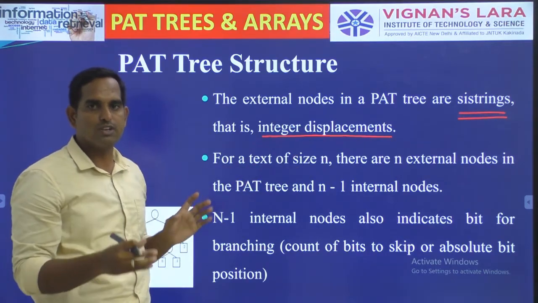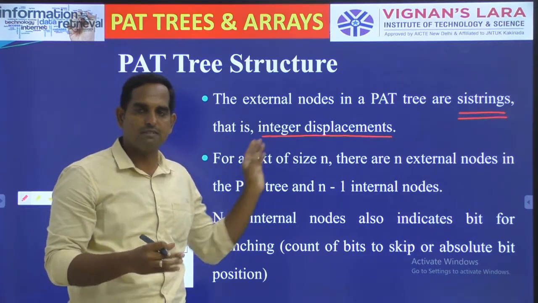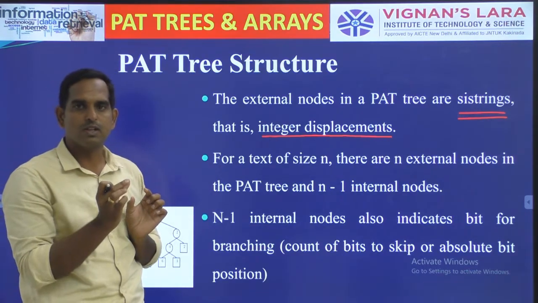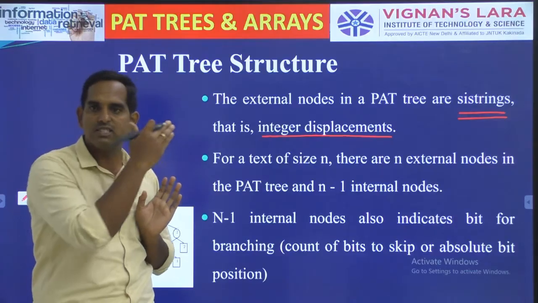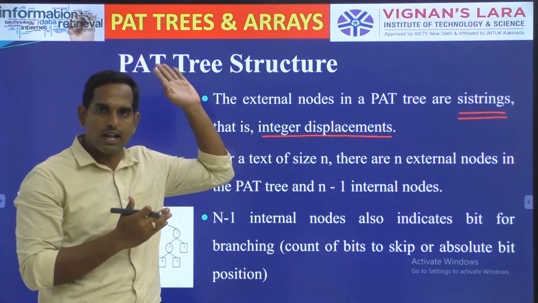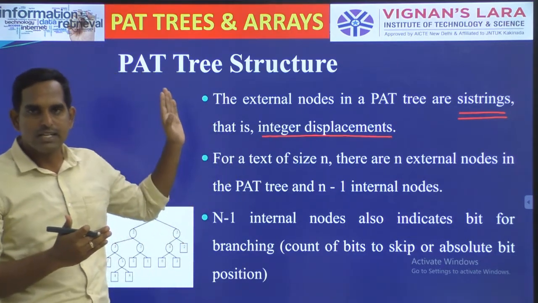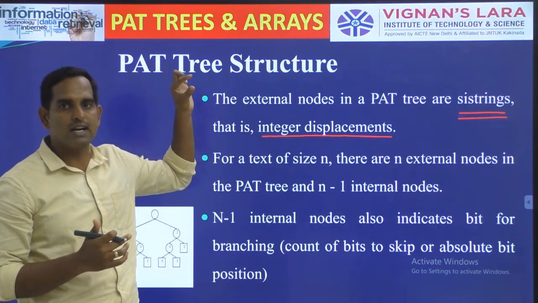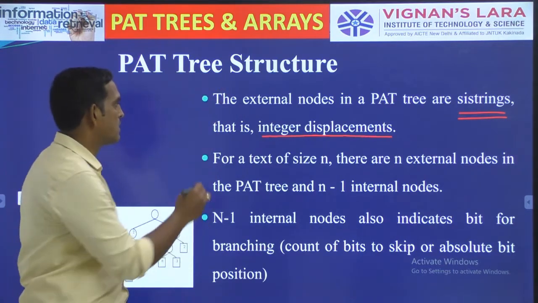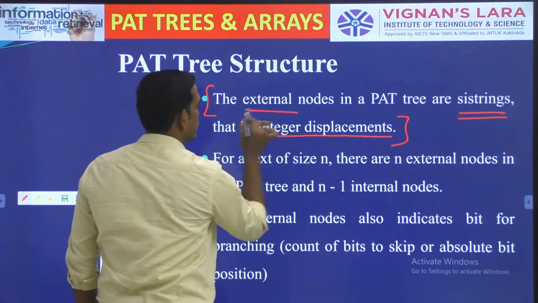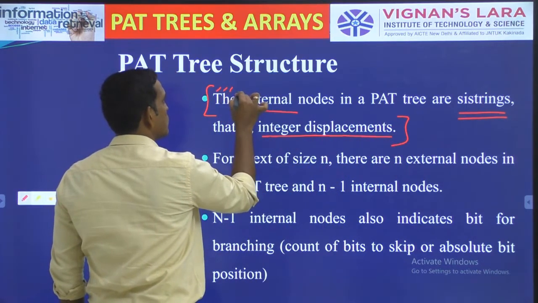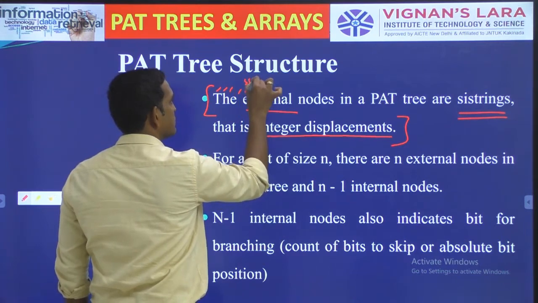The outer nodes of your Patricia tree will be these integer displacements. So if your outer node is 5, then your string starts at the fifth element in your original text, which will be string 5. For example, if this is the complete text, and I have created a string 4 here, that is 1, 2, 3, 4, this will be string 5.